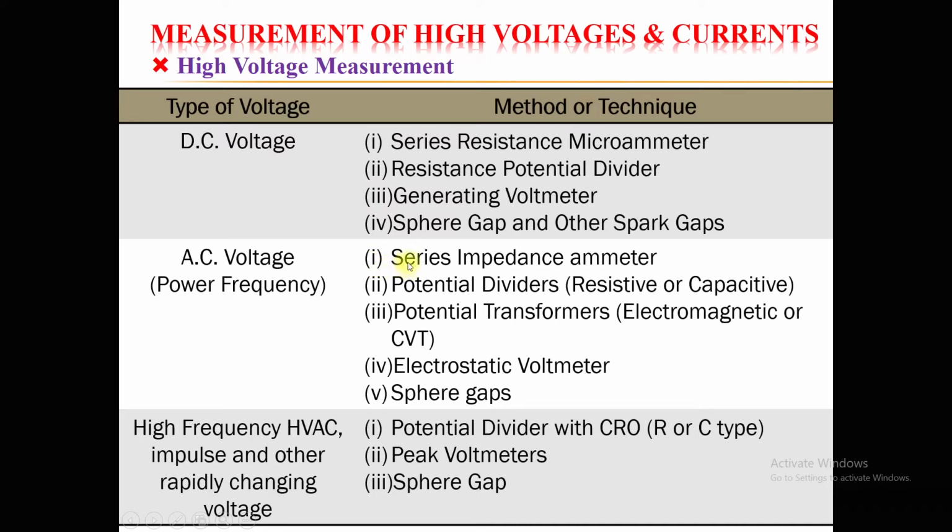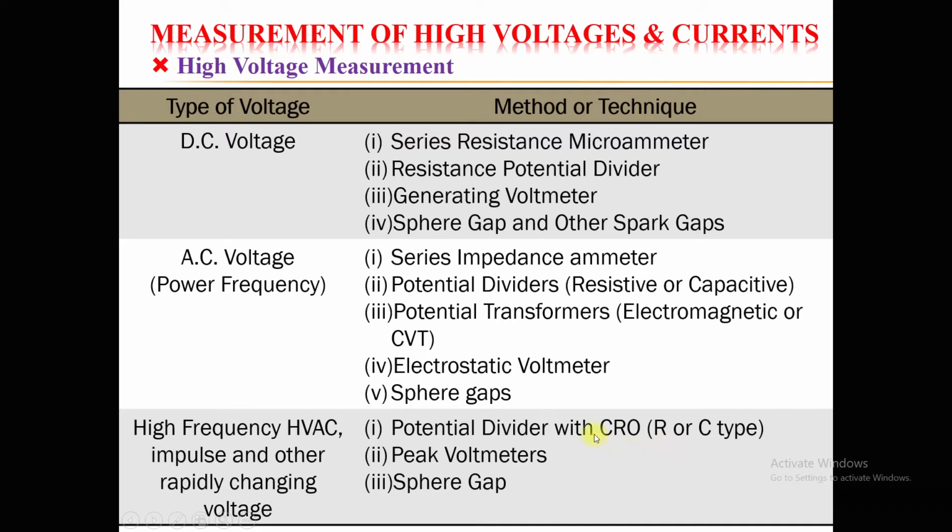Whereas AC voltage at power frequency can be measured by means of a series impedance meter, potential dividers, which may be resistive type or capacitive type, potential transformers, which may be electromagnetic PTs or CVT, known as capacitive voltage transformer, electrostatic voltmeter and sphere gaps. High frequency, high voltage AC, impulse voltages or other rapidly changing voltages can be measured by means of a potential divider with CRO.